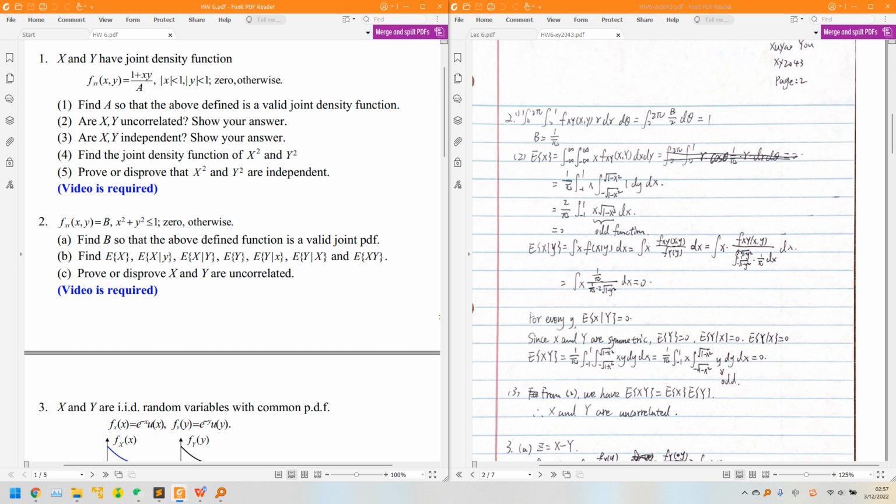We continue to do the integration on f(y), and the range of x is bounded by the circle. We can calculate the result of this value, same as the previous one, and this result is also 0.